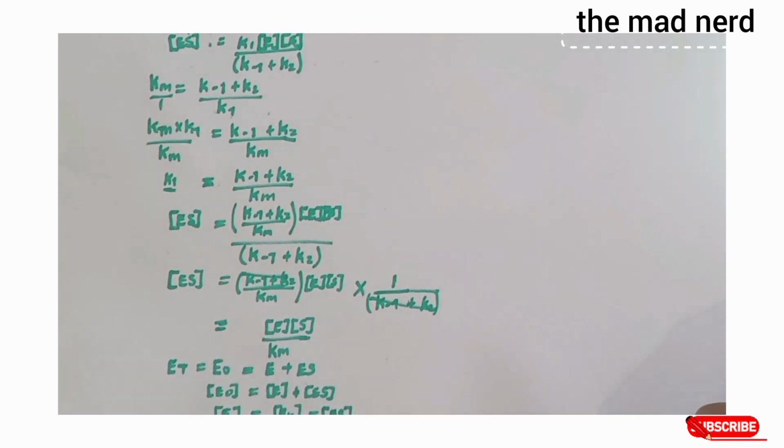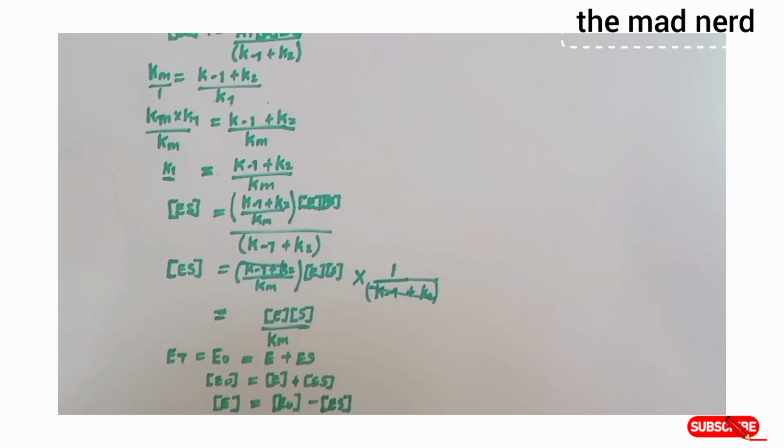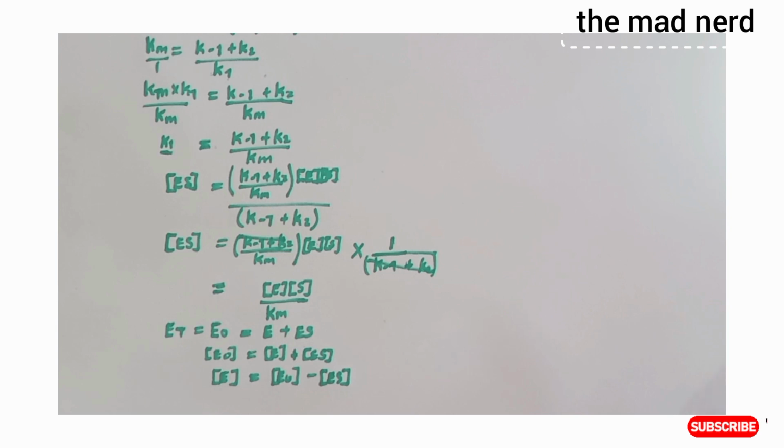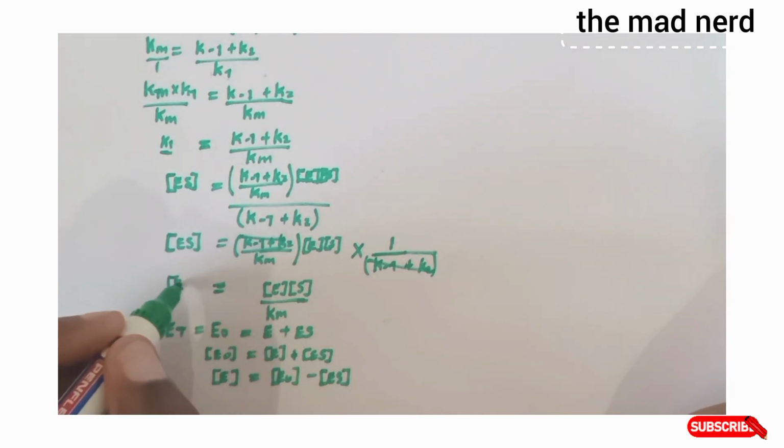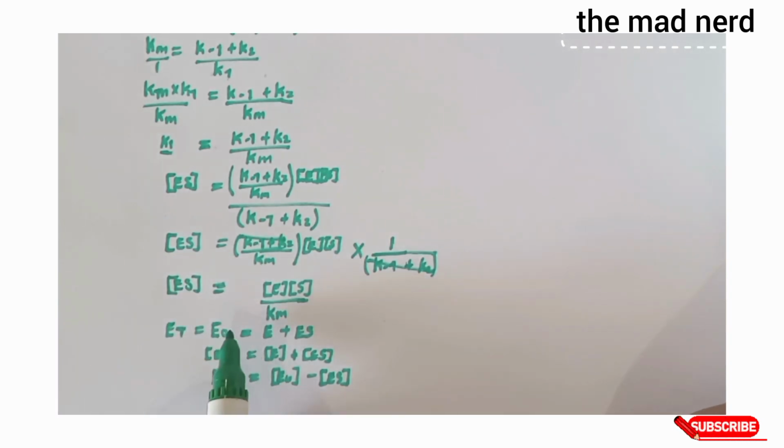And then now, since we have the concentration of ES over here, that is equal to the concentration of enzyme and the concentration of substrate over the Km.